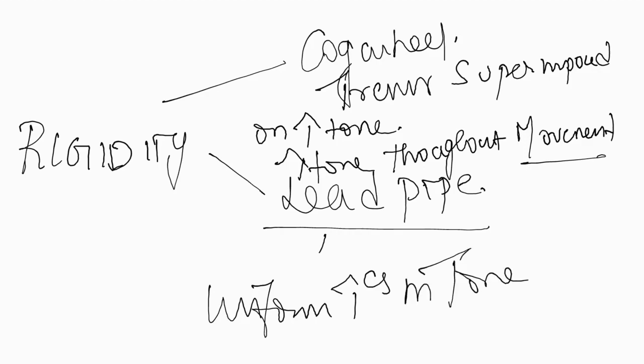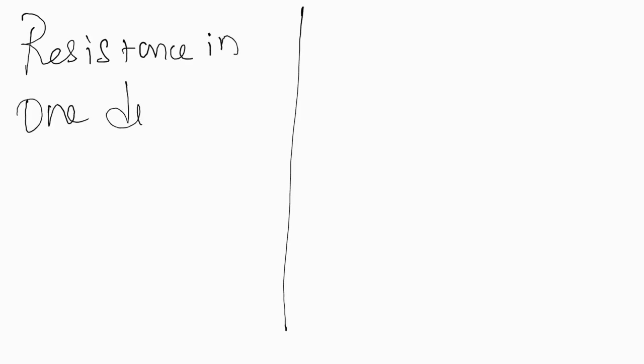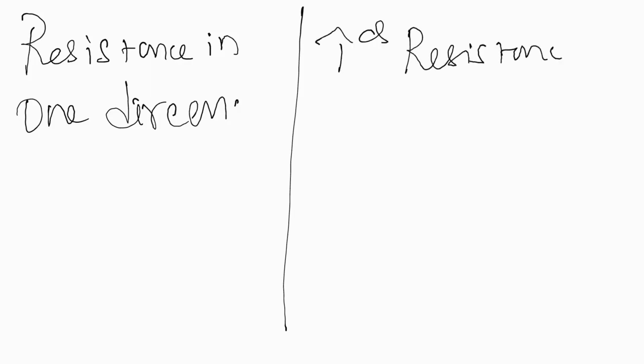The next couple of things between these two, spasticity and rigidity, you can put it like this. In spasticity, there will be resistance in one direction. Here there will be increased resistance in all directions.